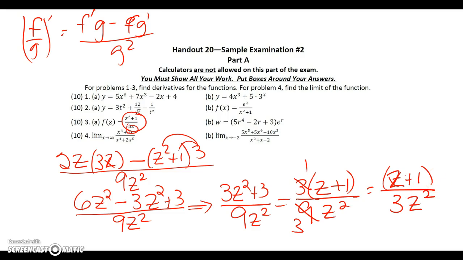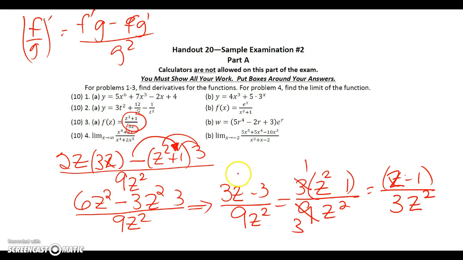Your teacher, oops, I lost something. Well, these are z squareds. Uh-oh. Notice something. When I distributed here, this has to be a negative. So let's get that fixed.